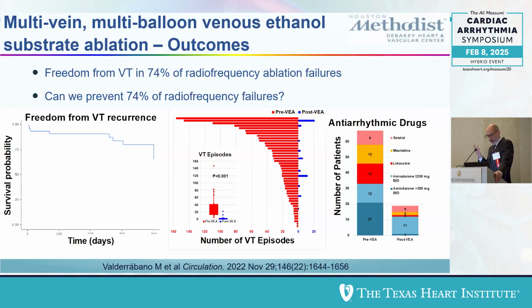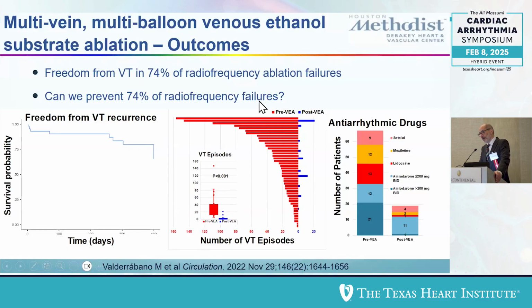So we subjected them to this approach, again, a labor-intensive procedure where we map the substrate, map the veins of the substrate, and treat the veins with double balloon, single balloon, one vein, two veins, depending on the individual substrate and the individual anatomy. But with this approach, we achieve 74% success at 1 year. And you could argue that the late failures here could be related more to substrate progression than to procedural failures.